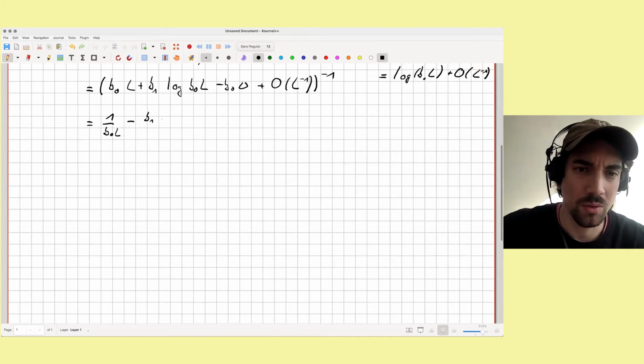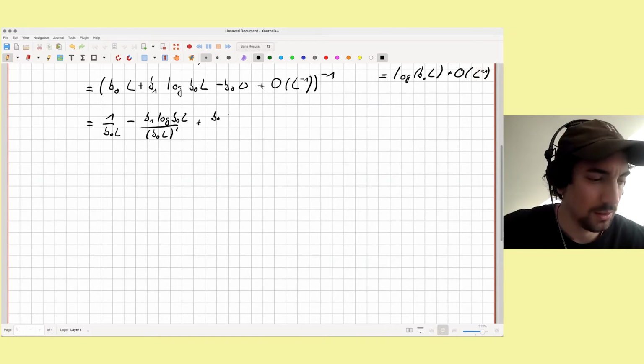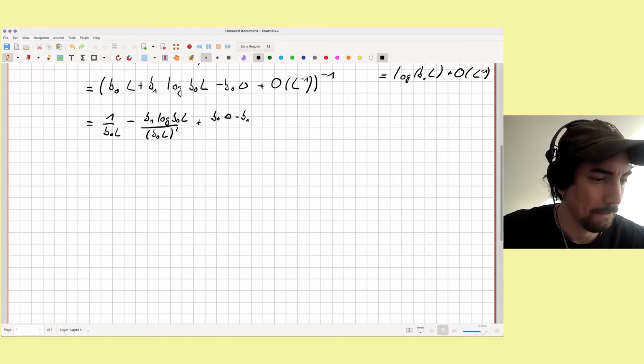The first two terms already look exactly like what we had to show. And now we've got another term, B naught L, B naught delta minus B1.